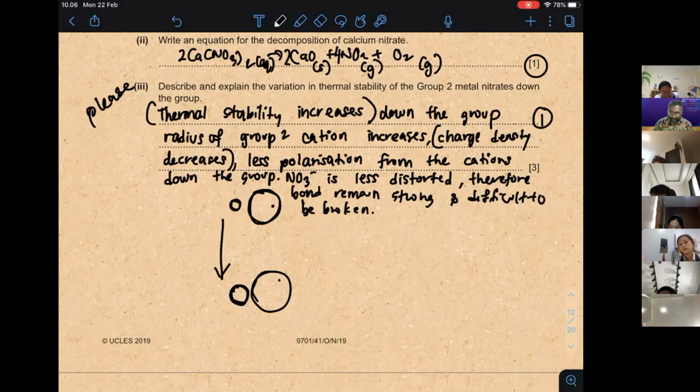If you mention either of these, you will get the full 3 marks. So please try to reflect when you write down your answer. Are you going to write charge density? Are you going to talk about less polarization? Are you going to use the term less distorted? Very, very important, please reflect on that.